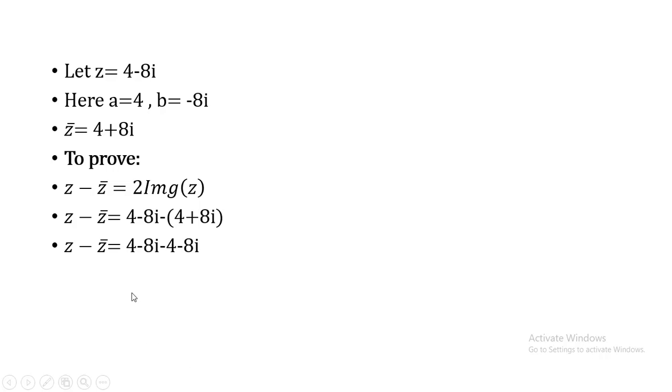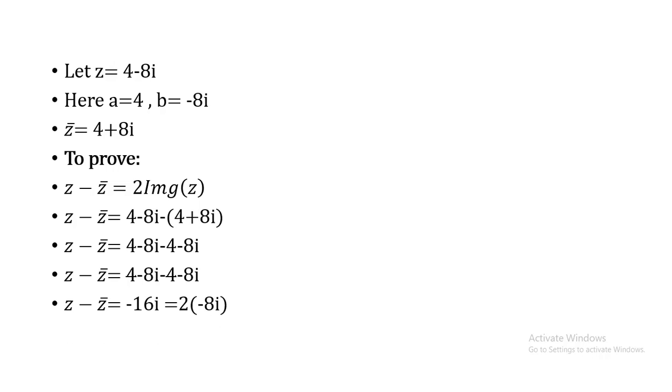What I have done in this step is multiply this minus with this bracket. So minus 4, and plus into minus gives you minus. Now as you can see, this is positive 4 and this 4 comes with a negative sign, so they both cancel, right? What remains? Minus 8 iota and minus 8 iota.